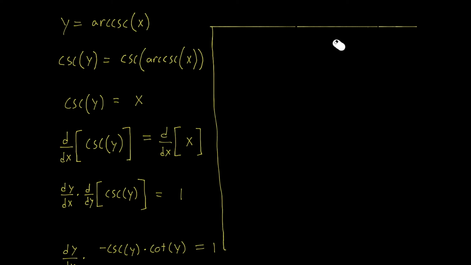So we can use this line over here, cosecant y equals x, to help us draw a right triangle, because the definition of cosecant is going to be hypotenuse over opposite side.